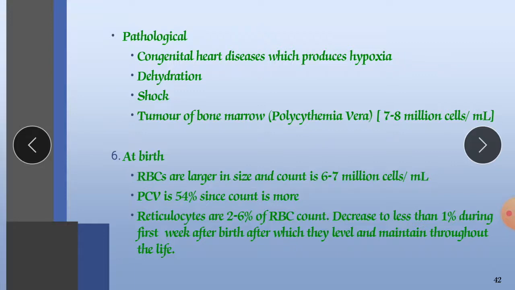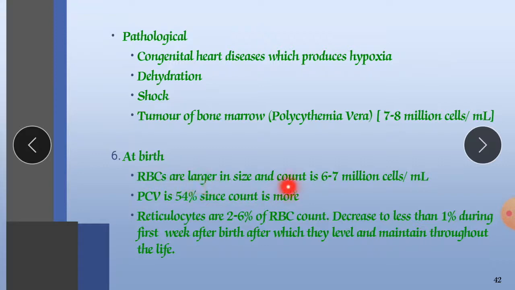Because if a tumor develops in our bone marrow, they start to form RBC and WBC at an uncontrolled rate, due to which our RBC count reaches near about 7 to 8 millions per ml.